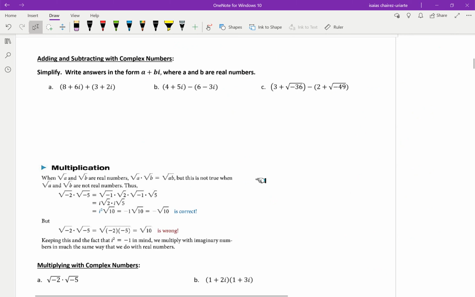So pause the video, take a minute, and try to simplify or perform these 3 operations, this sum, this difference, and this difference. Your final answer should be in the form of a complex number, a plus bi. So please pause the video and take a minute to do this on your own, and then let's compare answers.